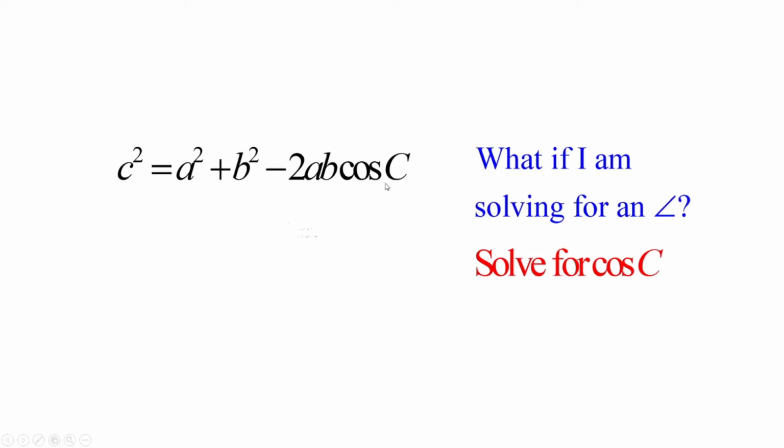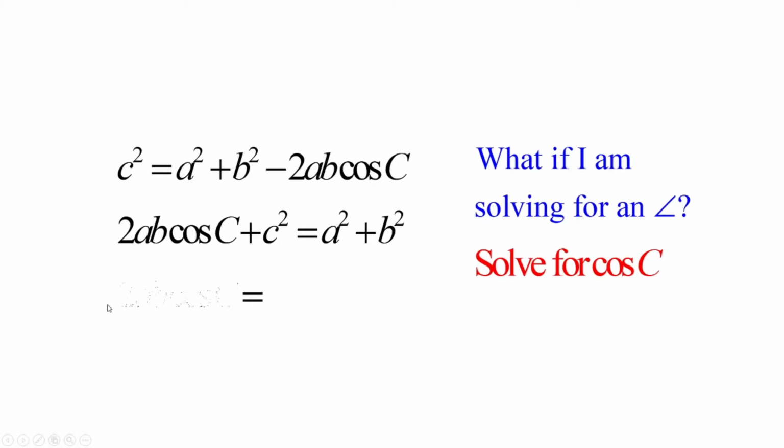All right, well, the first thing I would do if I'm going to solve for this cosine of C, how about if I add 2ab cosine of C to both sides? So that would give me 2ab cosine of C plus c squared on the left, and then nothing but my a squared plus b squared on the right. All right, now what? Well, how about we subtract the c squared, leaving me 2ab cosine of C equals a squared plus b squared minus that c squared.